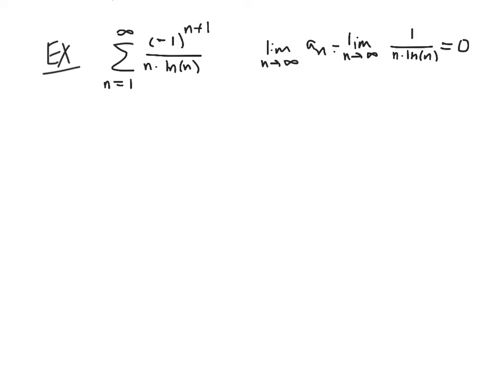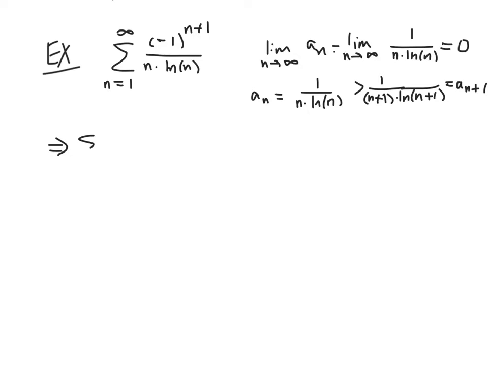And if I look at a_n, it's pretty clearly bigger than a_n plus 1. And it's alternating. This tells us that this series converges by the alternating series test.